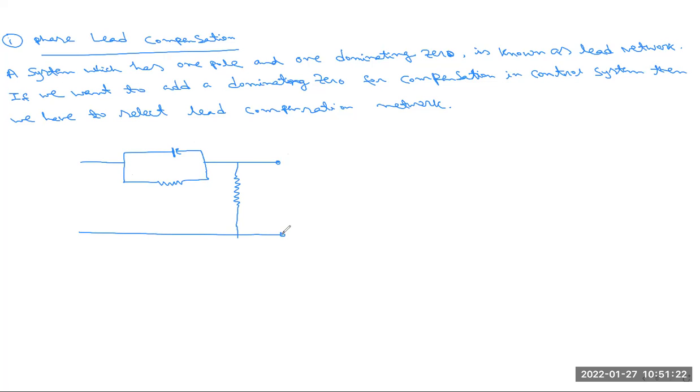This is the output of the system, and this is the input, which we express as EI.